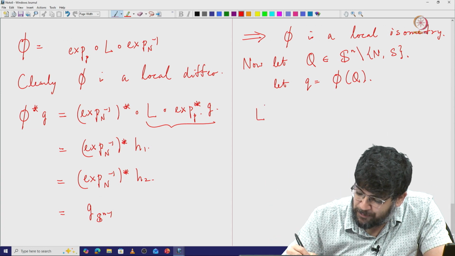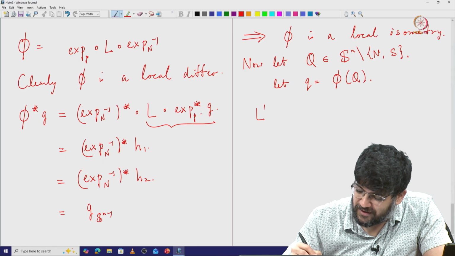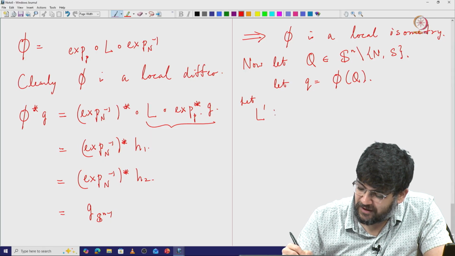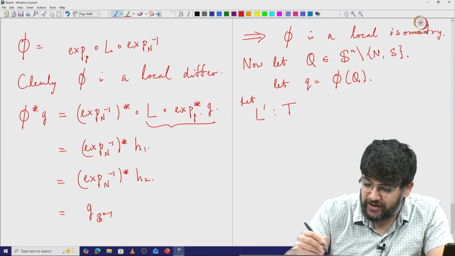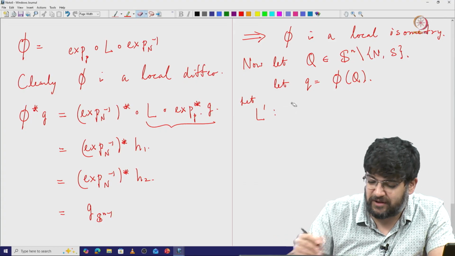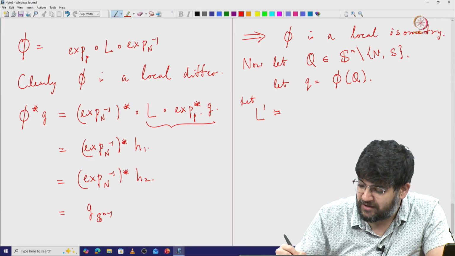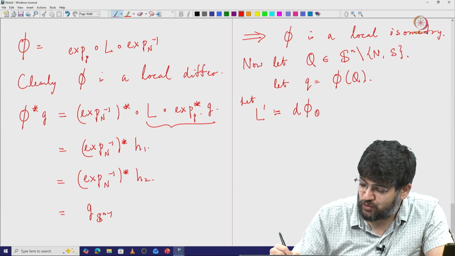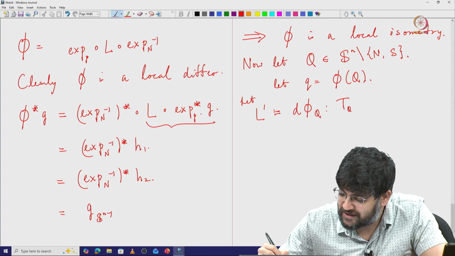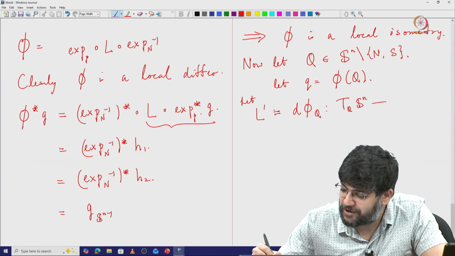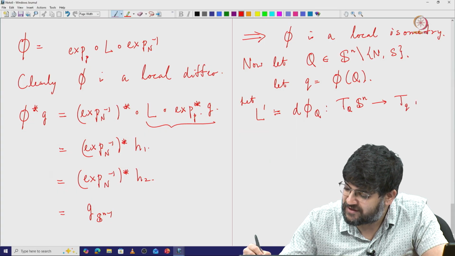So let L prime be an isometry, let L prime be given precisely by d phi at Q. Okay, so because phi is a local isometry, this is clearly an isometry between the tangent spaces.